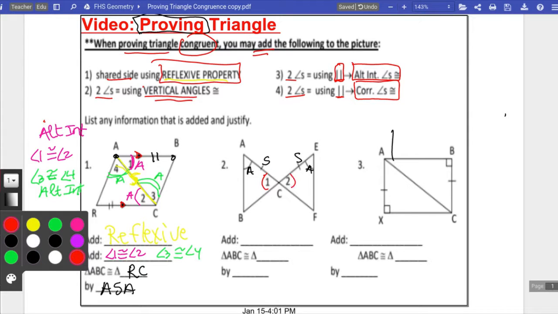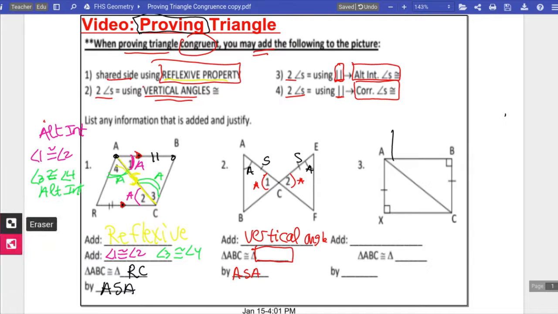Vertical angles are always angles that are looking at one another. So I added a vertical angle. Therefore, we're going to say they're congruent by angle, side, angle. Cool. So I can let you fill in the blank for that one.